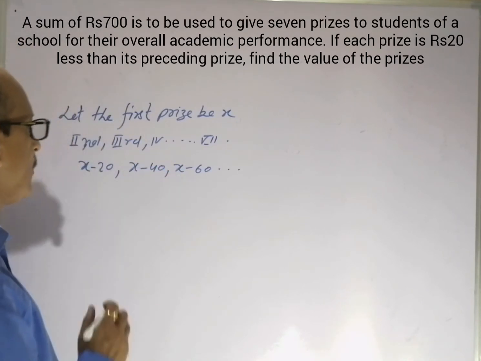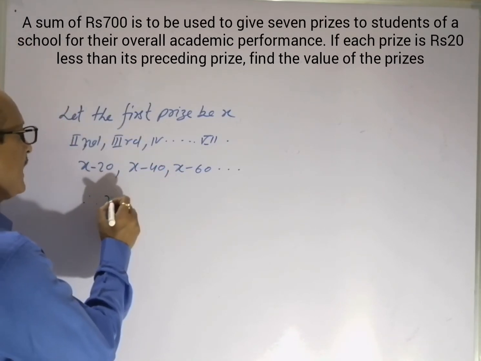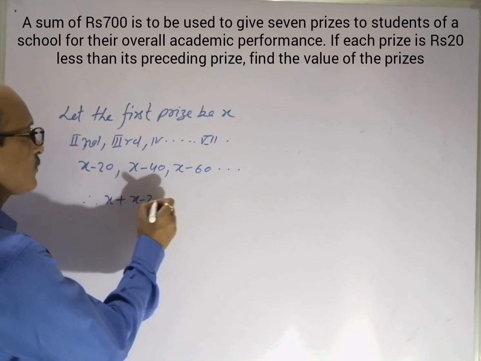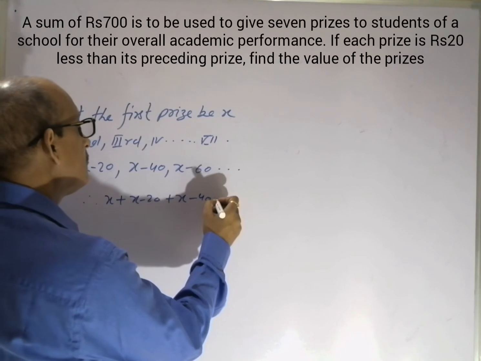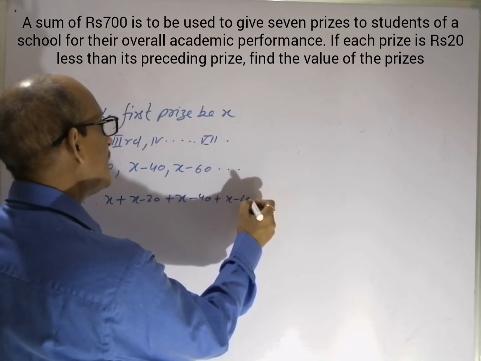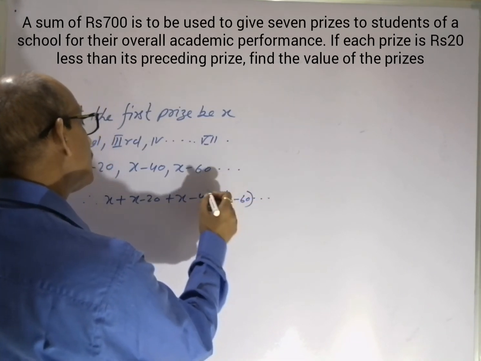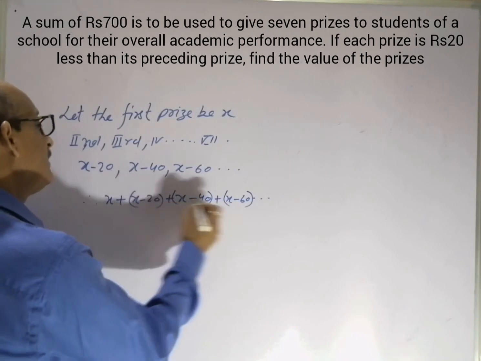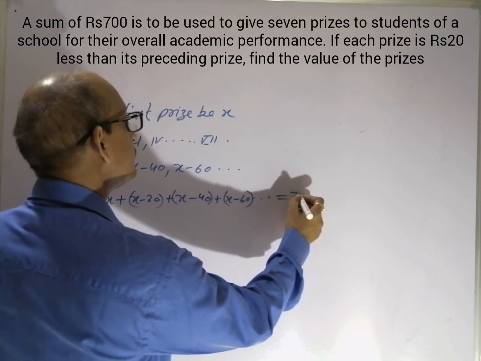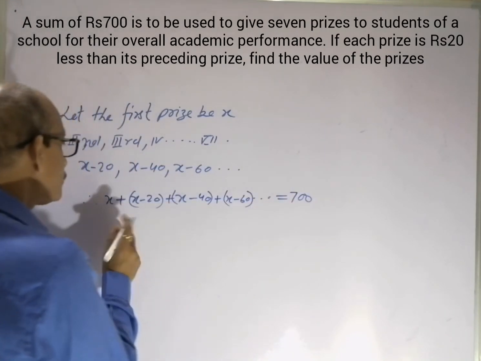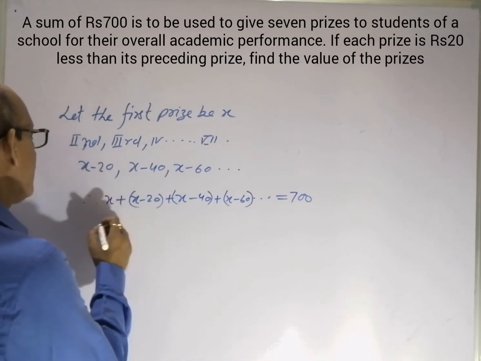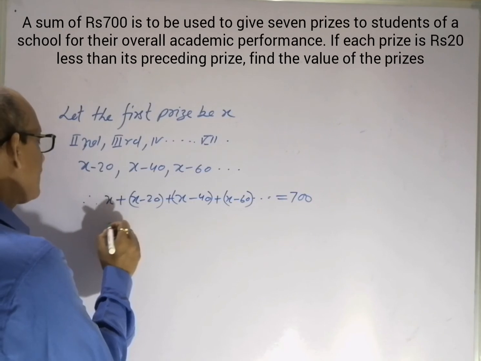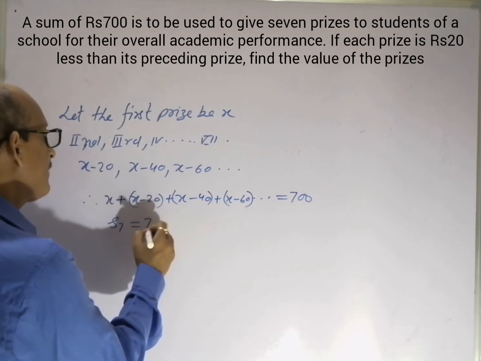So total amount will be here X plus X minus 20 plus X minus 40 plus X minus 60 and so on will be equal to 700. So n terms are there and a is known to us. So S7 means that we'll get S7, that is equal to 700.